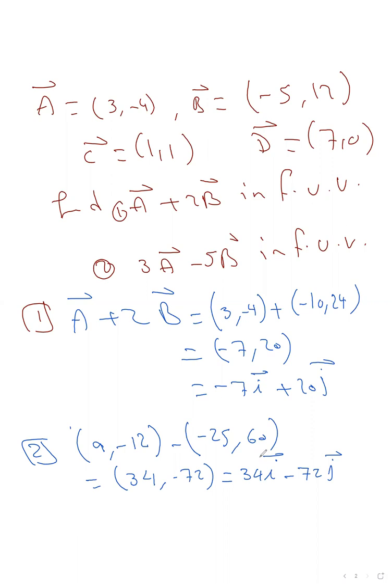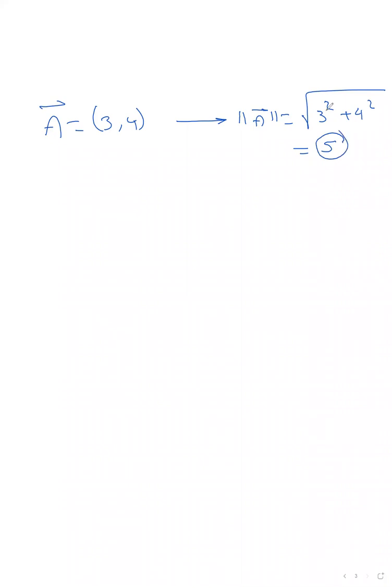دي نمبر 2. طيب في حاجة تانية يقول إذا كان فيكتور A equals 3 and 4. طبعا نورم A، النورم يعني the length of the vector equals square root of 3 squared plus 4 squared يعني equals 5. اوكي. طيب في حاجة اسمها A star أو B star. يعني كلمة A star أو كلمة B star.